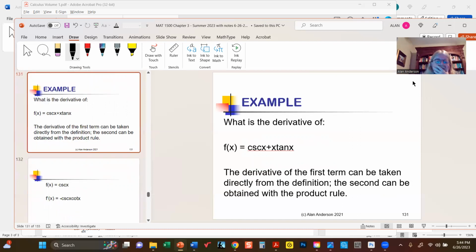Now, what if we had something like this? Oh, no. Well, we've got a couple of different rules going on here. We have the addition rule.